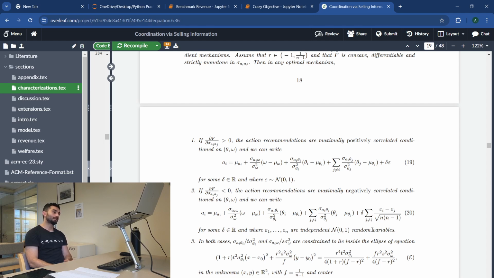The utility 1 minus 2, 2 minus 1. We have a formula for variance of A, right?